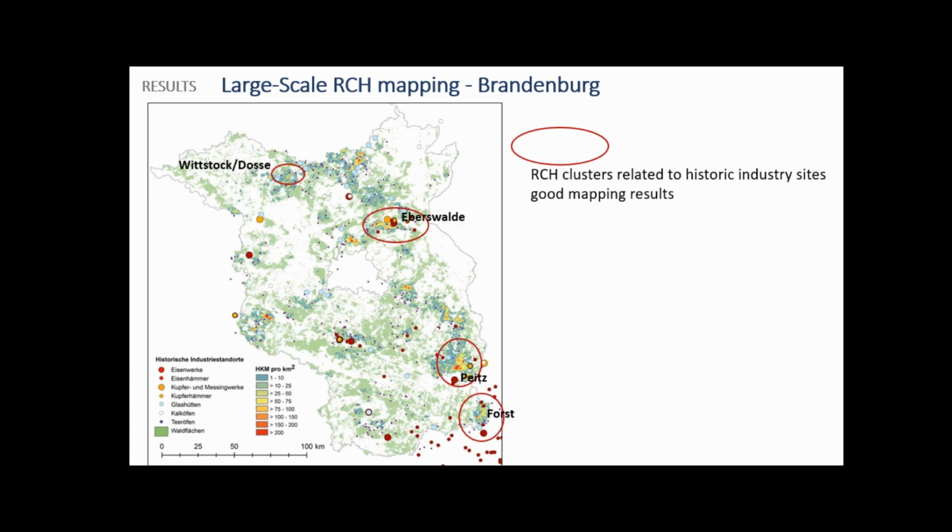We have several areas where we have clearly defined charcoal production fields, well related to historic industry sites. We also have areas that are not related to historic industry, but you can relate this and also this to charcoal consumption by the city of Berlin. So here are waterways going to Berlin.